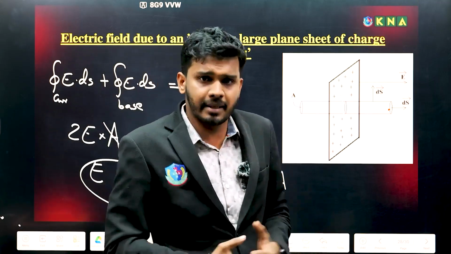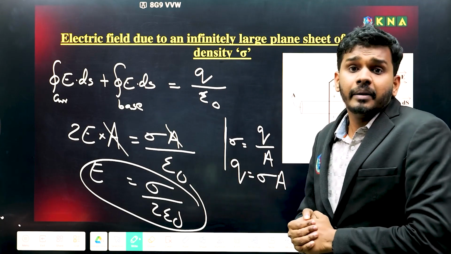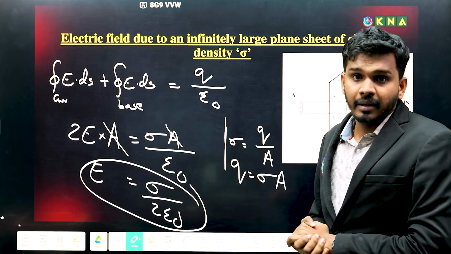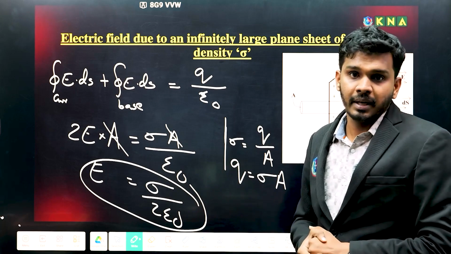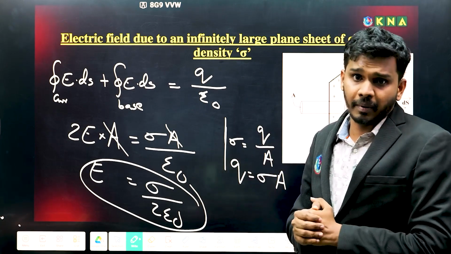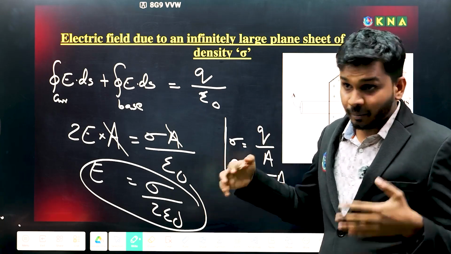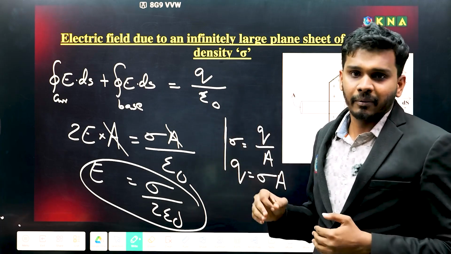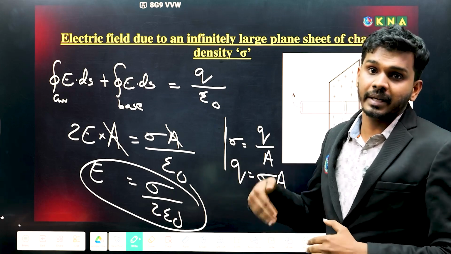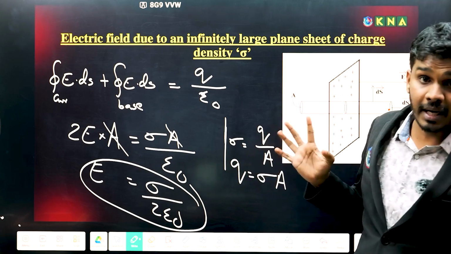Now we want to study how to apply these equations and concepts in problems. We will discuss simple problems and advanced level problems, NEET level tough questions, in the live session. This is the basic concept of this chapter.